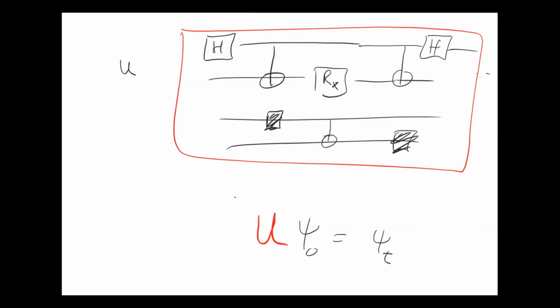Right? So the idea is that this unitary, for the system we're interested in, this might be a molecule. And what we're going to do is map that molecule's dynamic to our quantum computer.